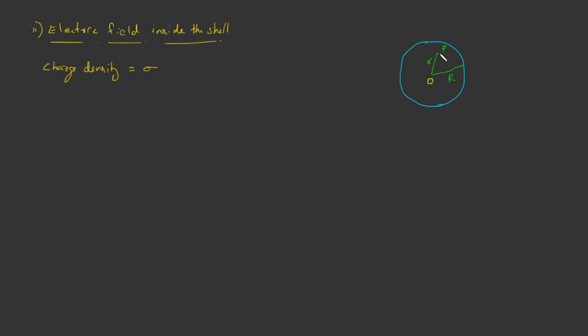For finding the field at point P here, we are going to consider a spherical Gaussian surface with radius r inside the shell and center O. In the previous case, we already calculated the flux through a spherical Gaussian surface with radius r, and that is equal to E into 4 pi r square.